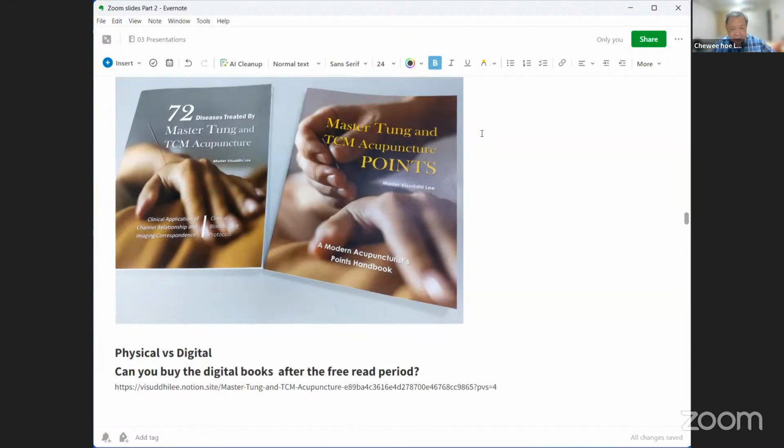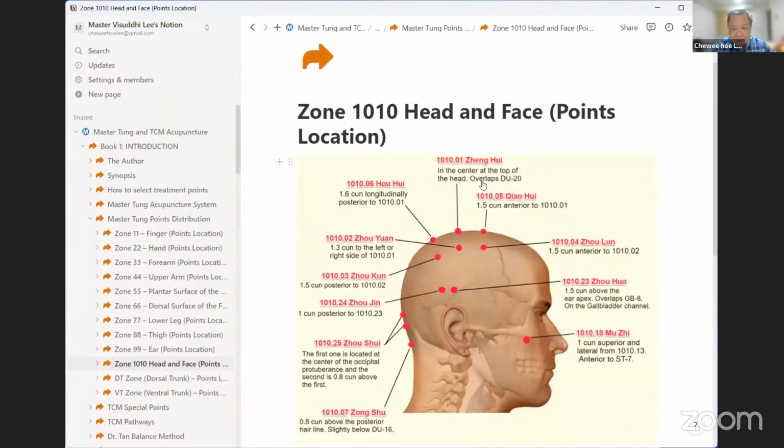Okay, I'm going to share the link very soon in the chat group. All right, very soon. But I am going to show you the digital book now so that when you receive it, you can better use it. All right, you will know how to use it better, the digital book.